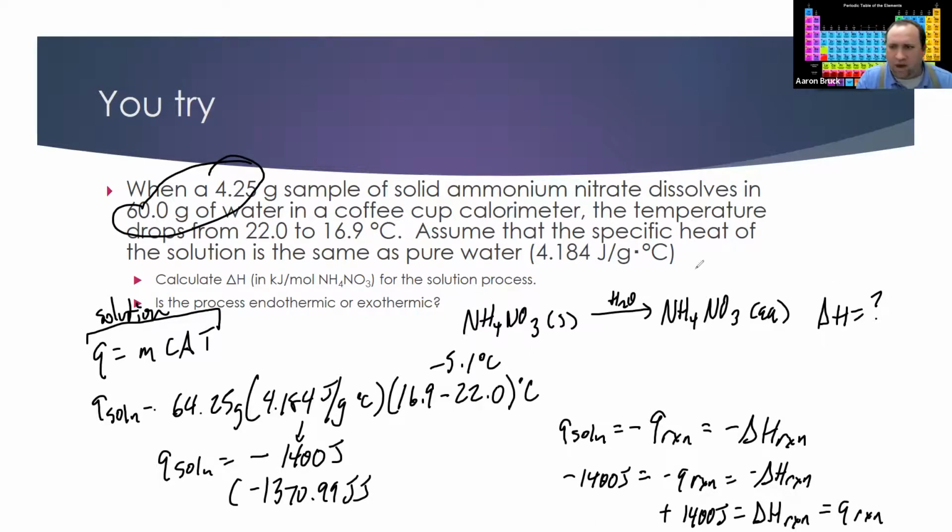So there's my delta H for the process, positive 1400. Is the process endothermic or exothermic? Well, because our delta H is positive, that means that heat is coming into the system, which means it's an endothermic process.